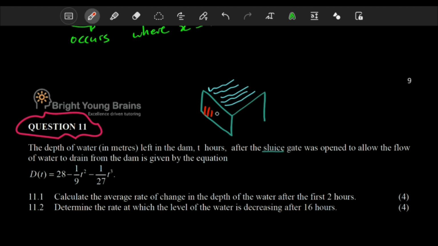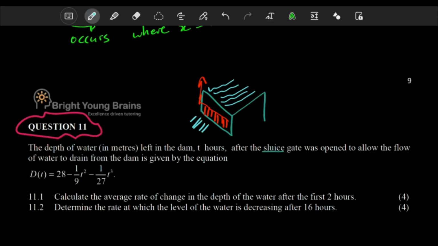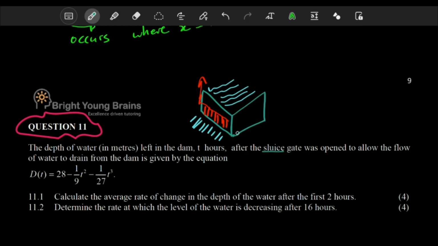This gate goes upwards, it opens by going up. So when this gate goes up, water will flow out. That's the idea, but I'm assuming you definitely knew that because you're smart.